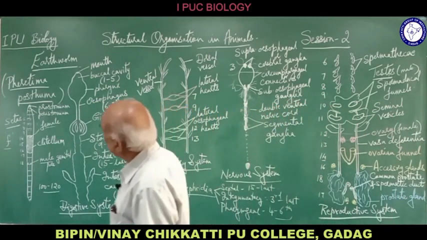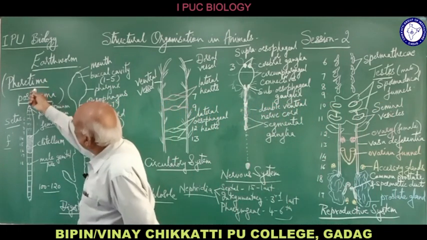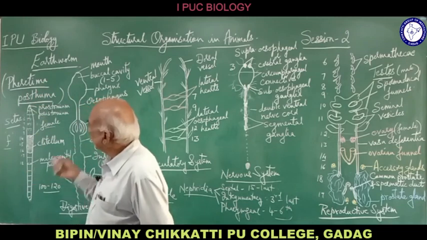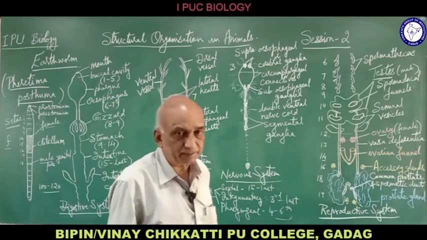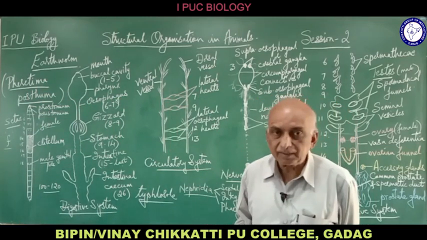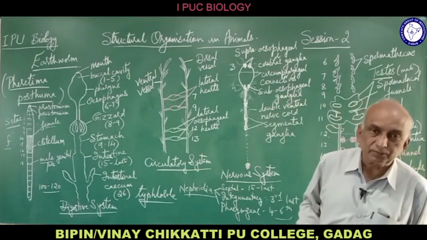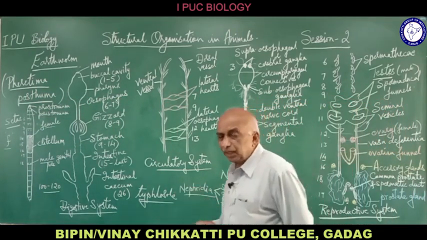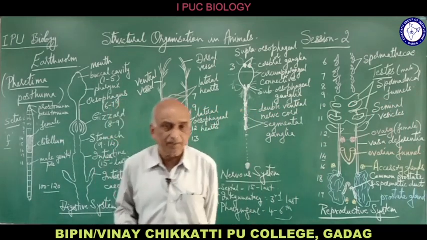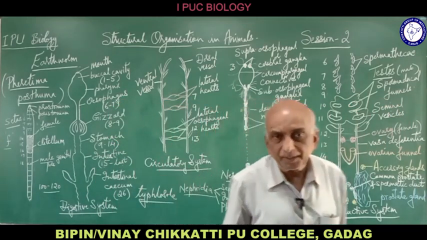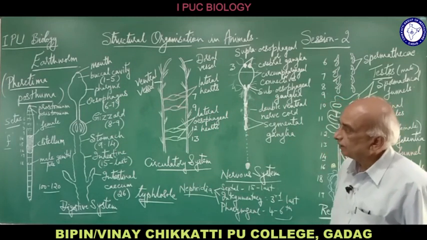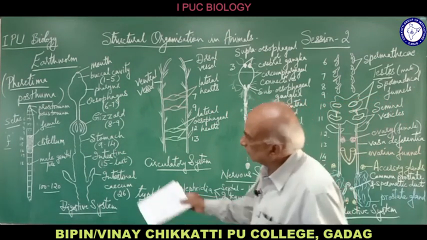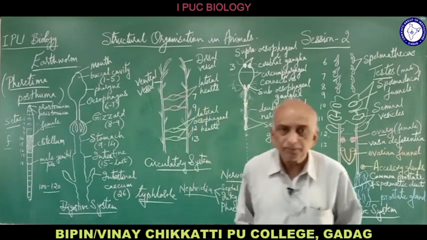So that is about the life history of Pheretima posthuma, a specific genus and species of earthworm, though there are several species of earthworm which are confined to different parts of the world. This is one common earthworm which we find in our area, and that is about the life history of earthworm.